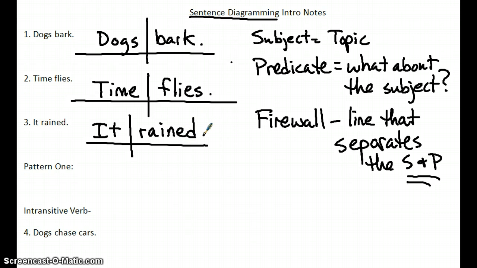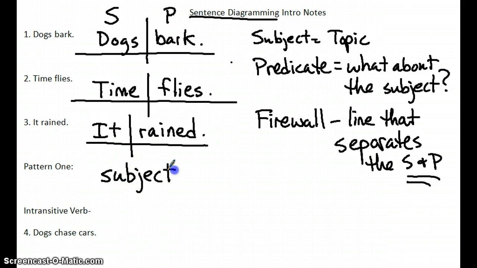Notice again that the firewall, as in the first two examples, is a vertical line that cuts through the horizontal line. It cuts through it, and the horizontal has the subject on the left side and the predicate on the right. Pretty simple.